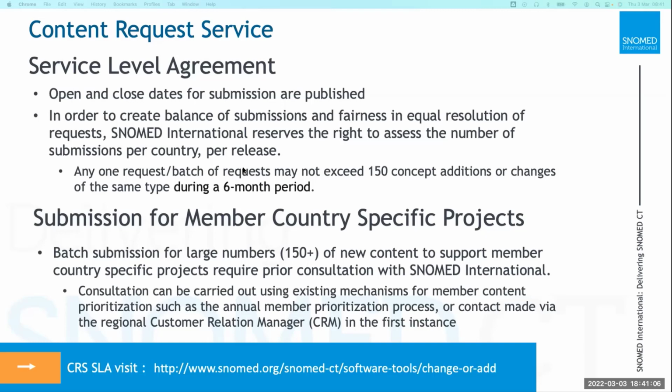So that could be disorder, and then another 150 for procedures. So we try and manage people's expectations, but also we do have, as I say, a lot of requests from different countries, and so we have to manage expectations.